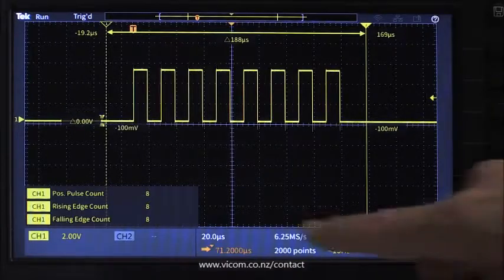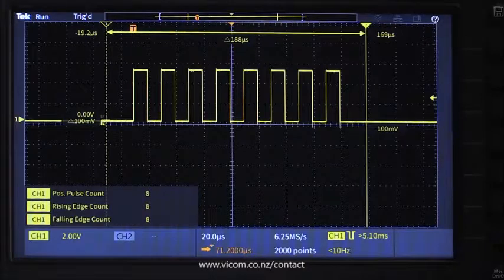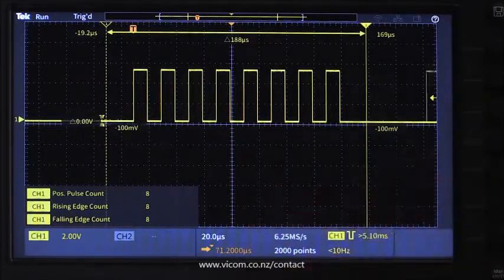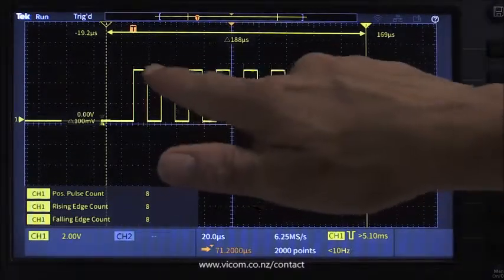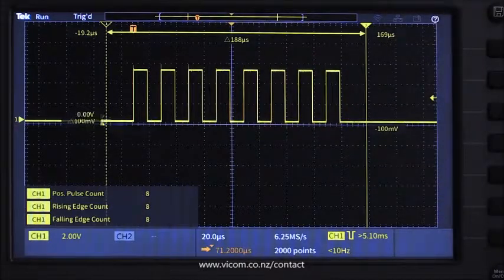So you can see that between these cursors, I have 8 positive pulses, 8 rising edges, and 8 falling edges. Now, in this example, it's pretty easy. We can count 1, 2, 3, 4, 5, 6, 7, 8 pulses. But this measurement comes in really handy when you can't count the pulses because there are too many pulses or they're just hard to see.